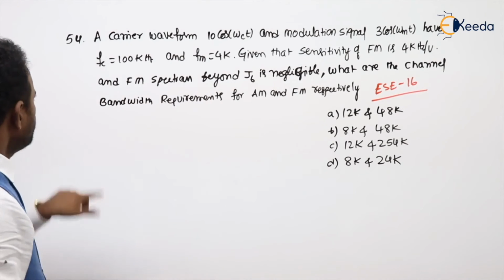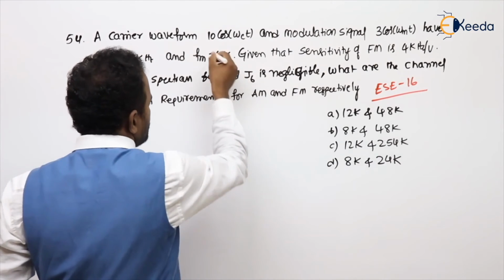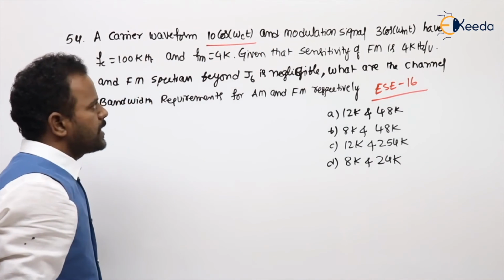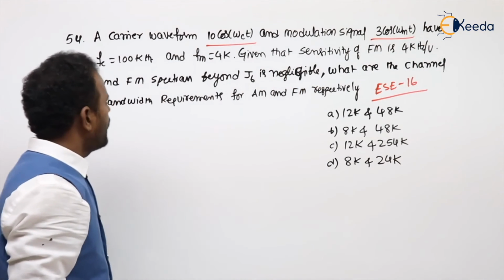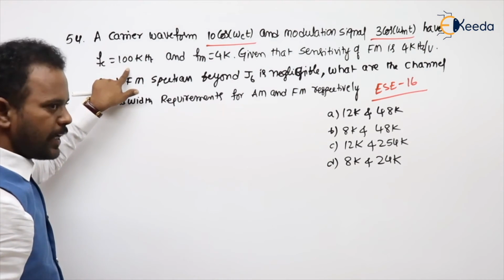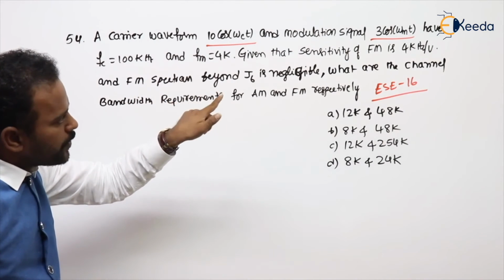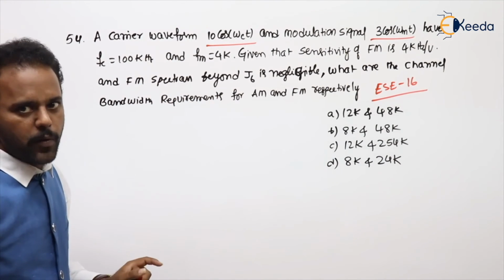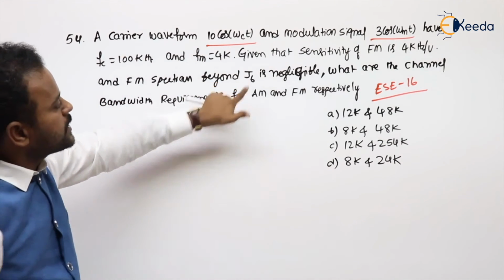See the next problem. A carrier waveform A_c cos omega_c t, but here given 10 cos omega_c t, and a modulating signal 3 cos omega_m t, with f_c 100K and f_m 4K. Given that the sensitivity of FM is 4 kHz per volt and the FM spectrum beyond J6 is negligible.